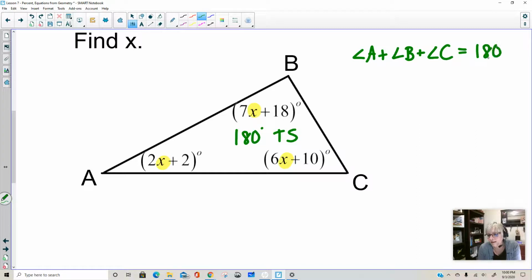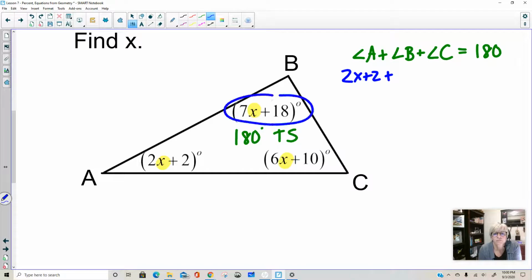And we're just adding, so we don't need any parentheses necessarily. Plus angle C. Angle C is 6x plus 10. And drop the equals 180. Okay, and there you have a nice equation, but the key is getting this set up.